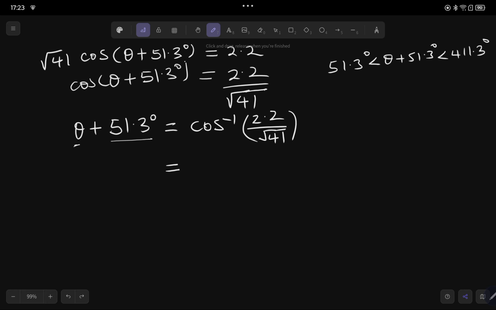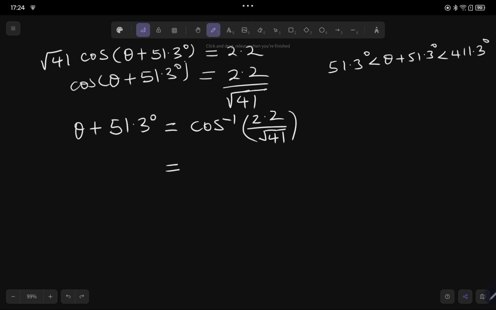That is now our new range. So we must get angles in that range. We can't get an angle below 51.3, and we can't get an angle above 411.3. If we don't do this amendment, we shall end up dropping some solutions at the end of the day. So always be very observant and keen with it.